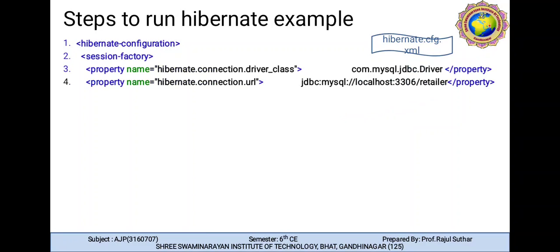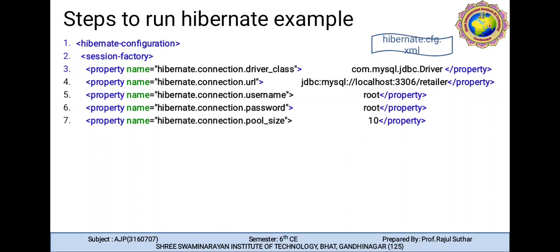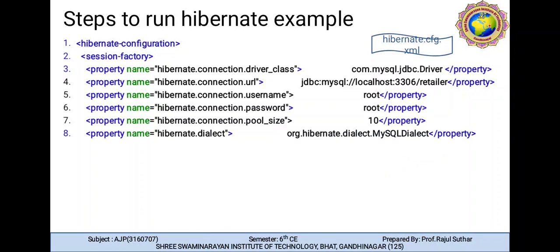Property name is hibernate.connection.url. We are using JDBC, and this URL is used for retailer. Property name hibernate.connection.username is root, as well as the password is also root. Here you have to decide the pool size. You can write here 10 or 20.